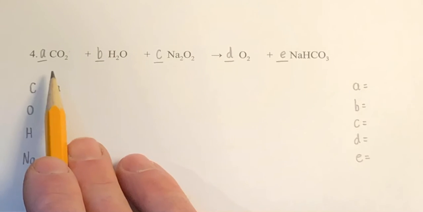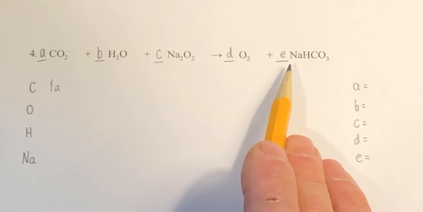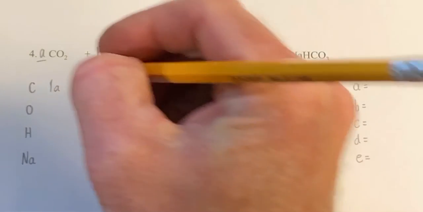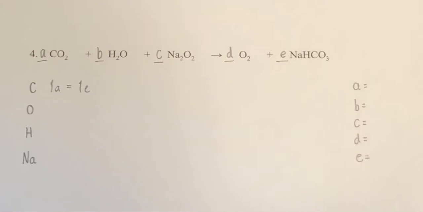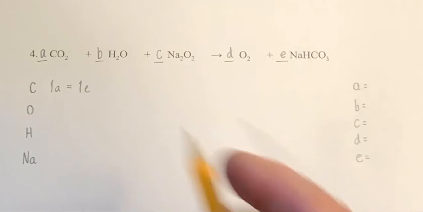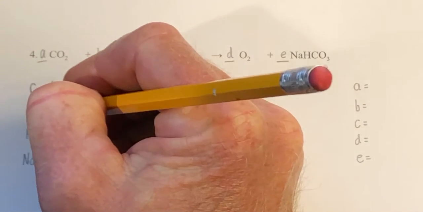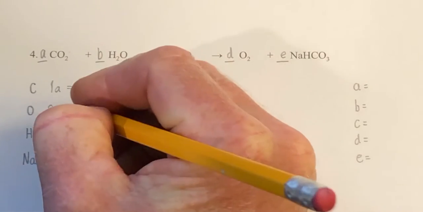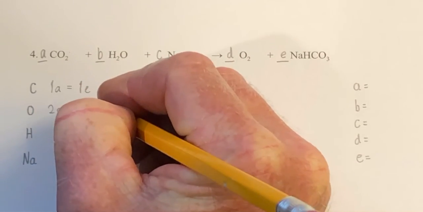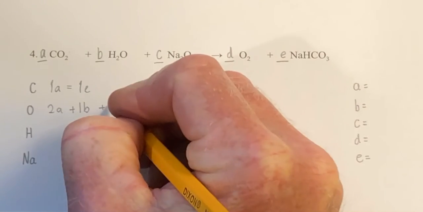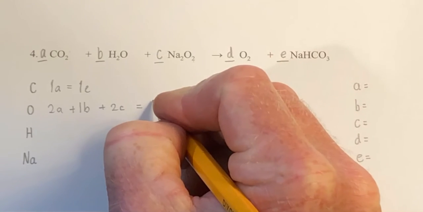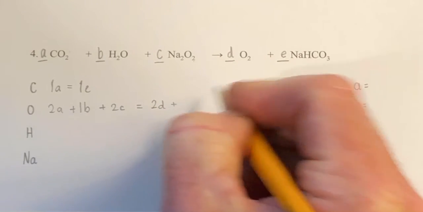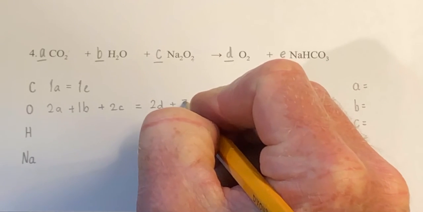But since the amount of carbon on the reactant side has to equal the amount of carbon on the product side, I can write this as an equality that 1a has to equal 1e when everything's done. I do the same for all of the other elements. 2a's worth of oxygen plus 1b worth of oxygen plus 2c's worth of oxygen have to equal the 2d's on the product side plus the 3e's that we also have on the product side.